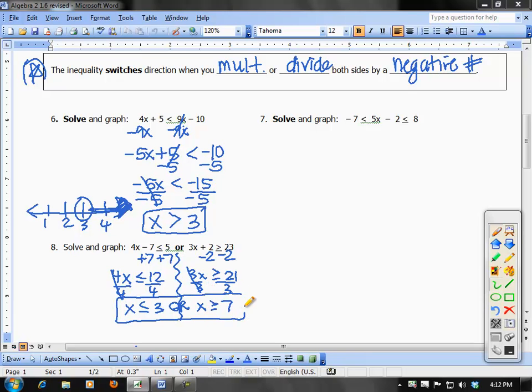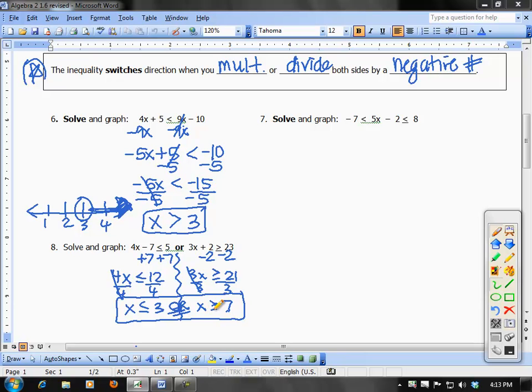Here is my inequality with an "or" because they're separate. Now again, I think you could probably graph this. You would be at 3 with a closed circle shaded to the left, and the second one you would be at 7 with a closed circle shading to the right. Okay.